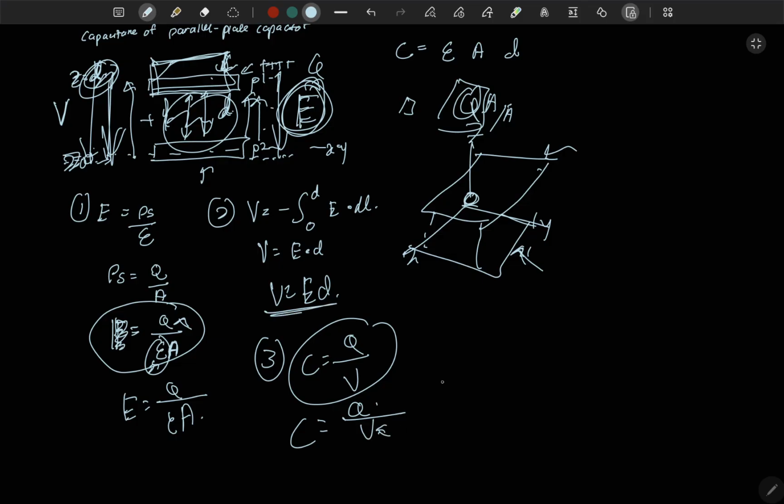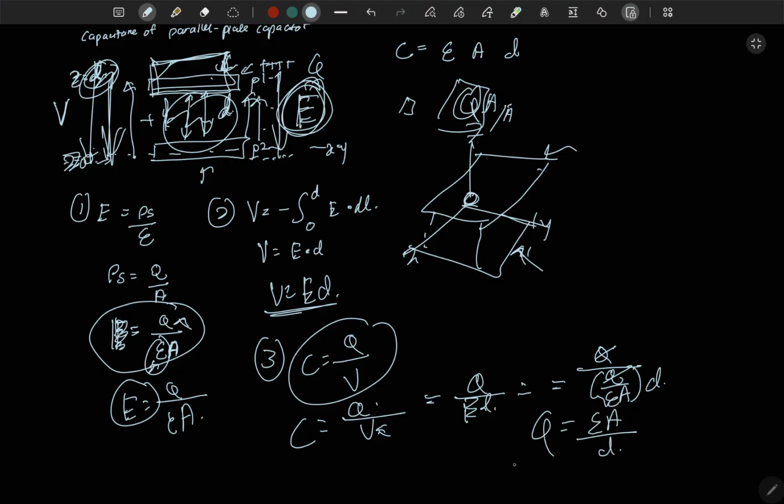Now voltage is equivalent to ED, and E is equivalent to Q over permittivity and A. If we do it in the exact order, we will get the answer.